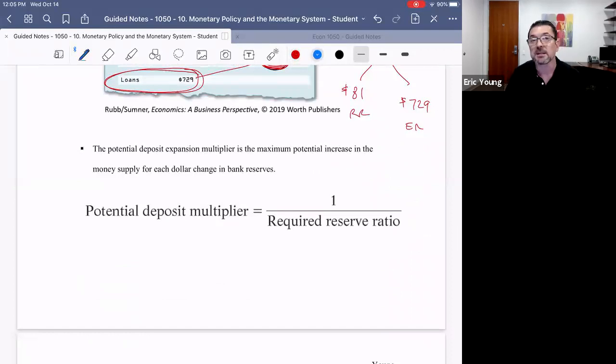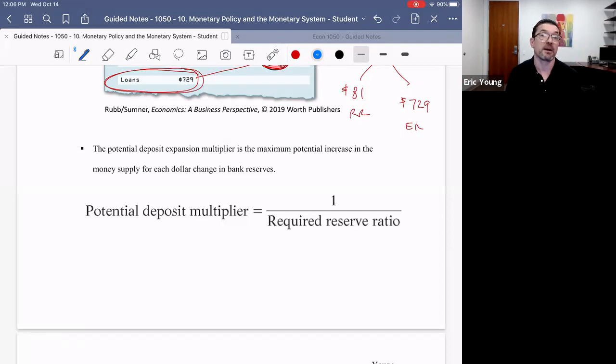In the end, if we were to factor all of these transactions, all of these loans, then the new loans, then the new loans, all the way through the financial system. If we added all that up, we can determine the total amount of money that will be created, the total increase in the money supply based on that initial deposit.